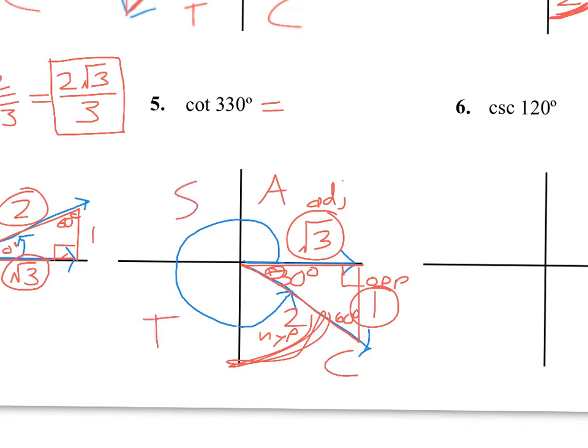ASTC. So we know tangent is negative, so cotangent is also negative. If the reciprocal is negative, then the number is also negative. So if tangent is negative, cotangent has to be negative. So negative, and now let's do adjacent over opposite. And I don't need to write the 1 underneath.